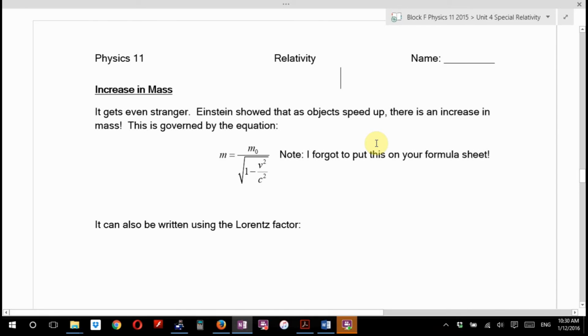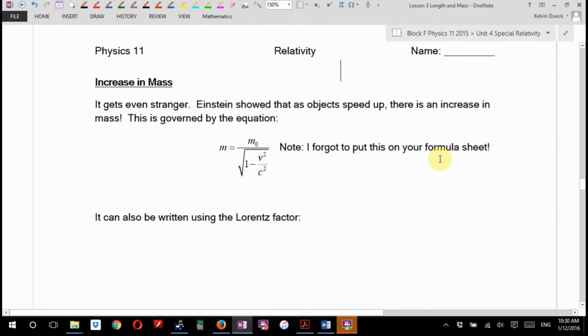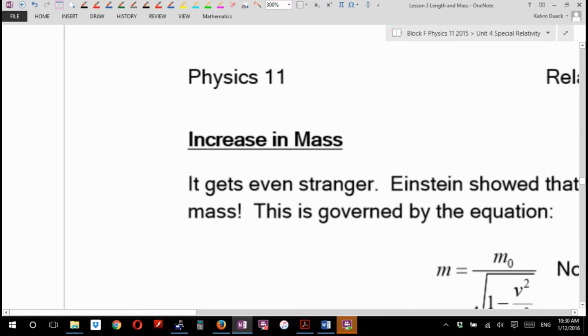Einstein also showed us, Courtney, that as objects speed up, there's an increase in mass. What? Yeah. Matter is being created. And this is governed by this equation here, and I forgot to put this equation on your formula sheet. So you want to add this equation on your formula sheet. I'm going to make it really, really big so you can see it easily.